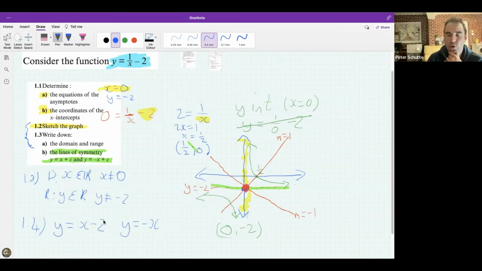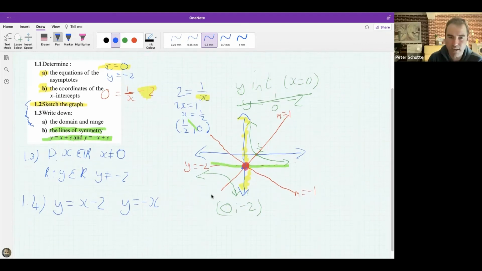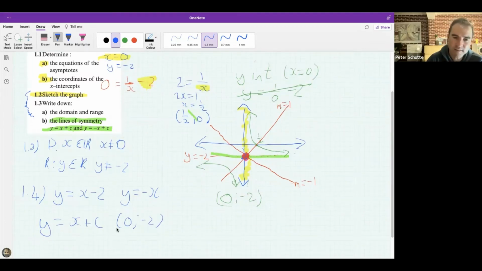So Vukulo, we can substitute, but in this case, because we can actually see the graph already, if we wanted to substitute, we would have this, and then we'd have the point (0, -2). When we sub that point into the equation, we get -2 equals 0 plus c.